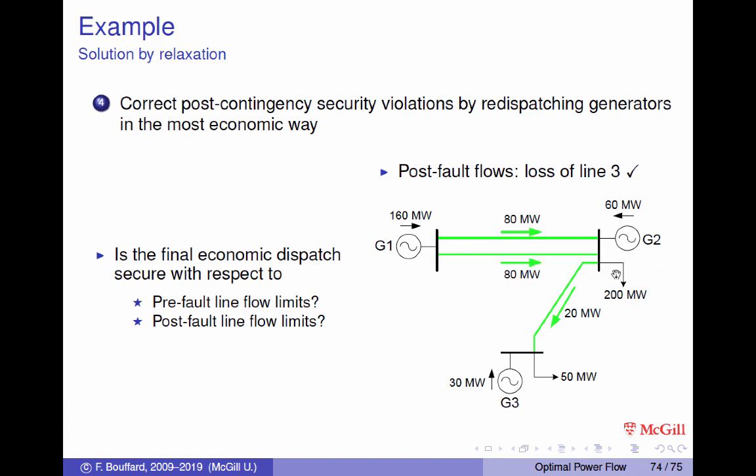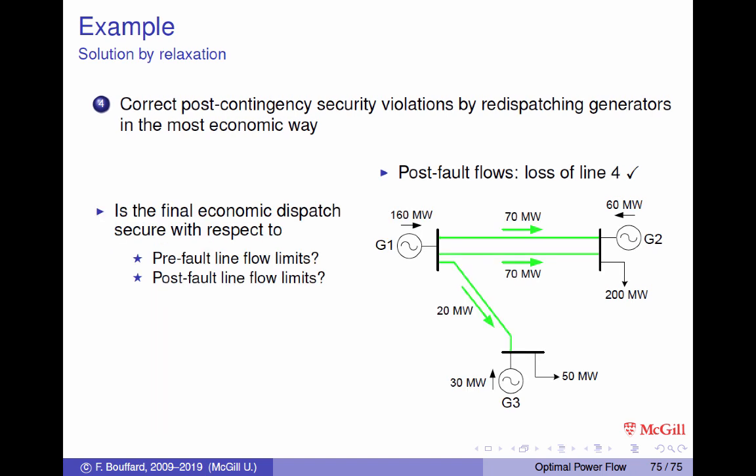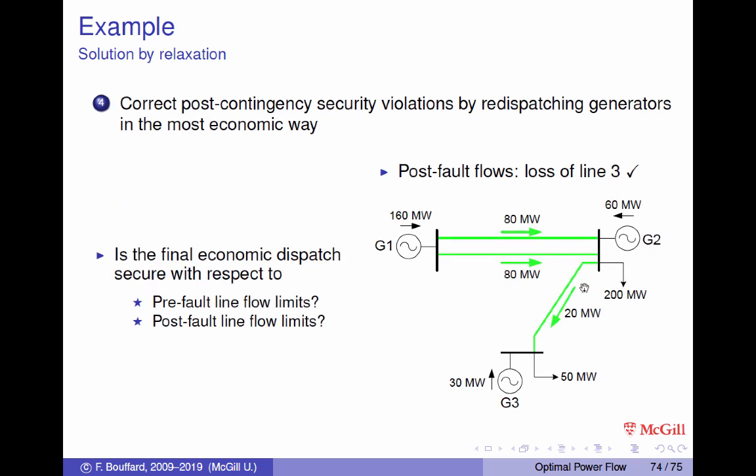There are no overloads. Notice here that the flow of line from 3 to 5 has actually flipped in this case. And then finally, if we lose line 4, and this one here, there's actually no binding constraints. Same thing as over here.